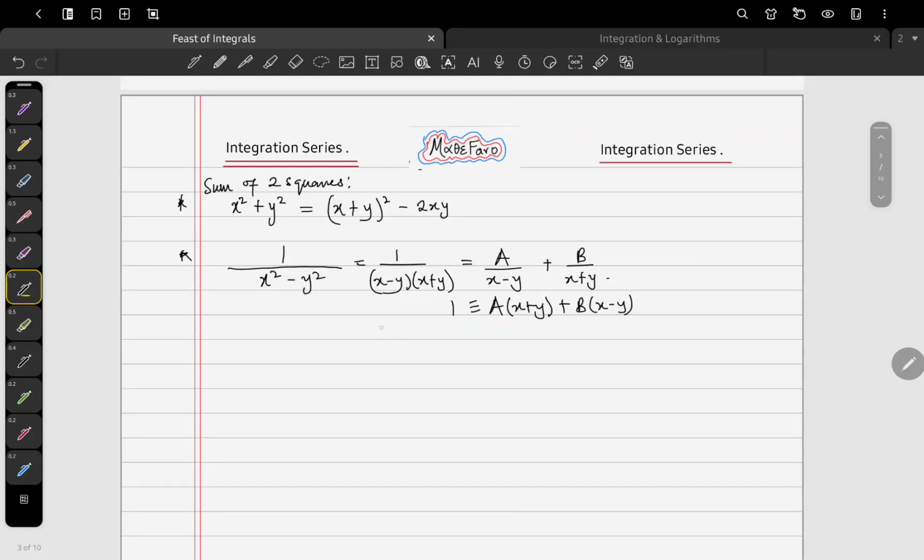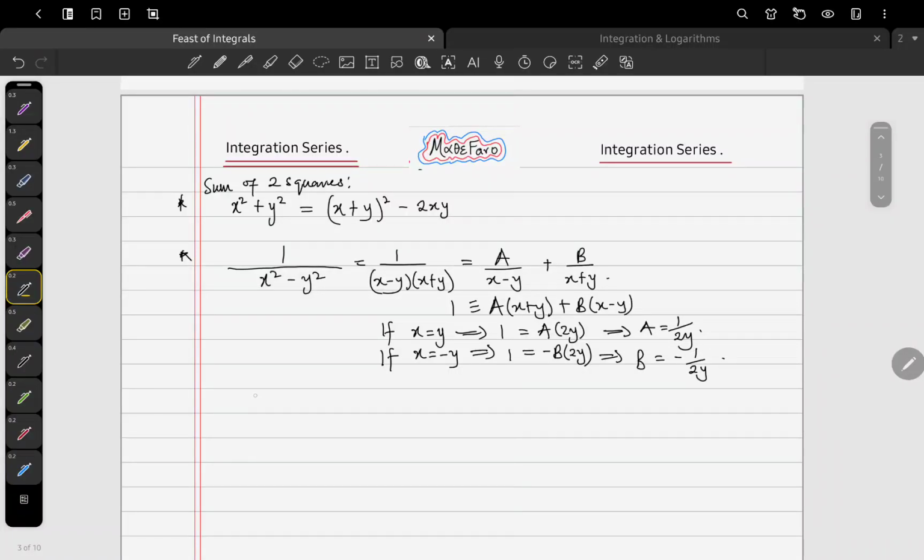So if we put x equal to y, then we get 1 is equal to a times 2y, which means a is equal to 1 over 2y. And if we put x equals negative y, we have a is equal to negative b of 2y, which implies that b is equal to negative 1 over 2y.